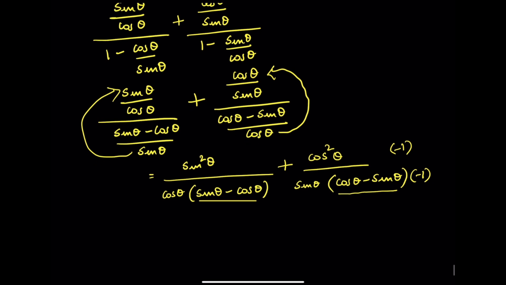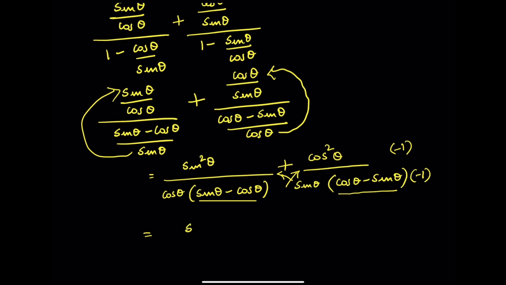So let's do it. And then again we can take a common denominator here, sine theta and cos theta, we can cross multiply. So sine theta will go as the denominator multiplies with the numerator here.